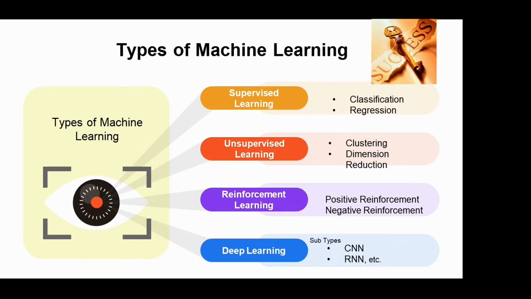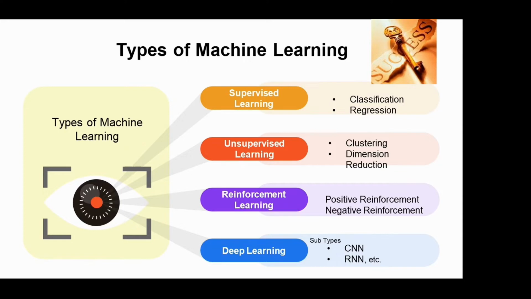It will require less computation time and less memory. So in dimension reduction we are finding the main important features from the data set.